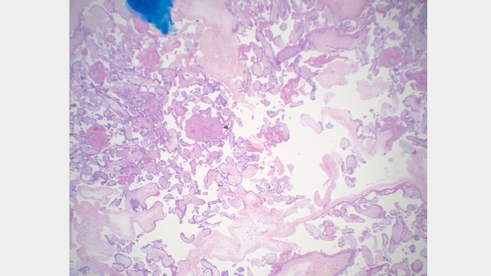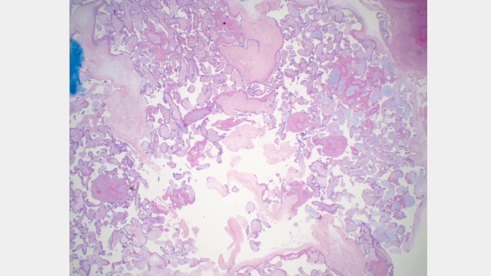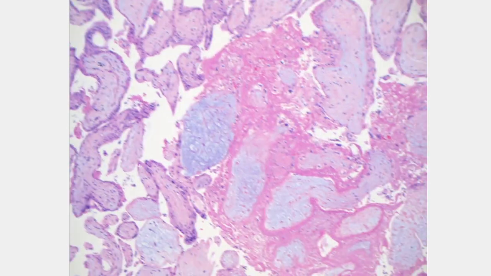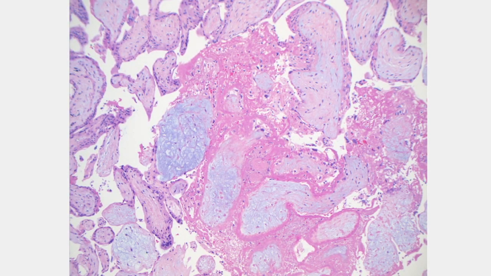Let me show you another example of a missed abortion. This one has two other features that we see. It has this myxoid degeneration. You see that the stroma is replaced by myxoid degeneration, and notice also there is necrosis of the trophoblast. And this is a more advanced retention in utero, so we have increased perivillous fibrin as well, which is this material.